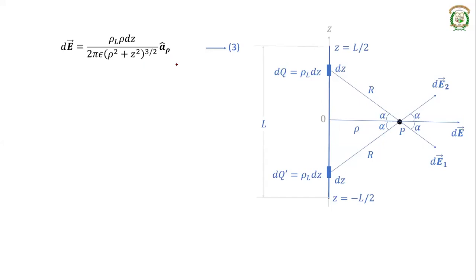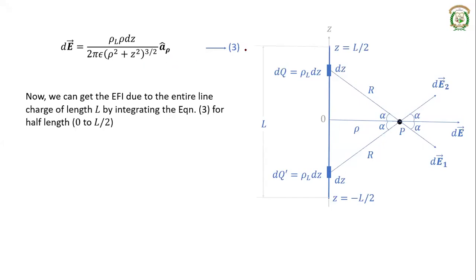So this is the electric field intensity at this particular point P due to two elemental lengths which are symmetrical about the origin. Now we want to find electric field intensity due to the entire line charge. So how can we do that? We have to integrate it.